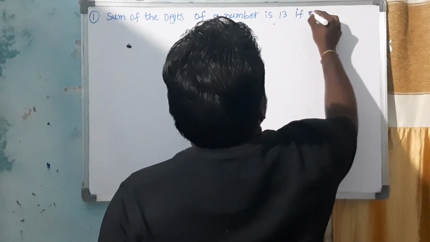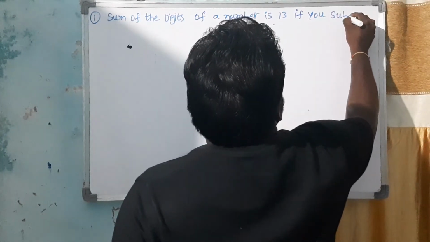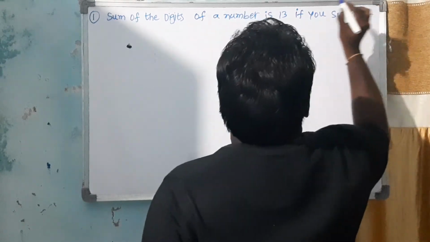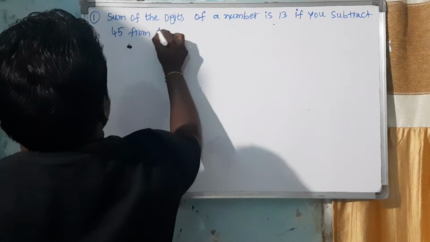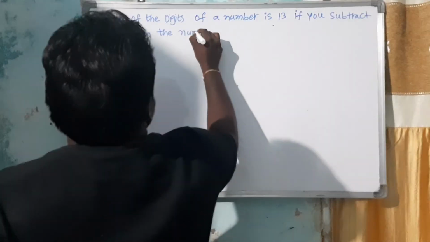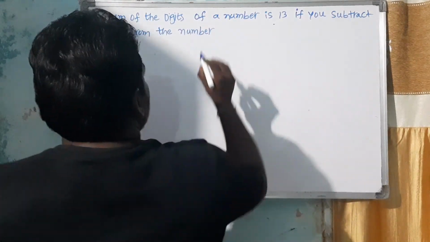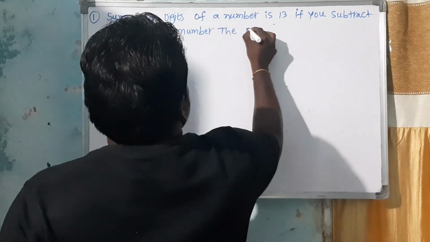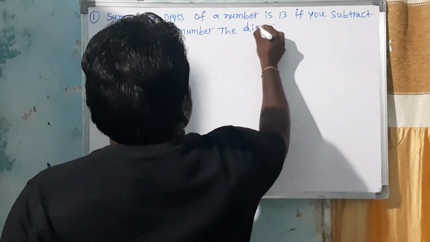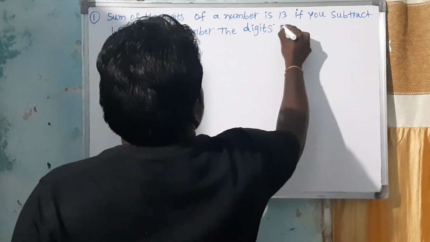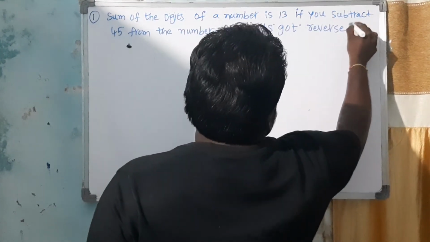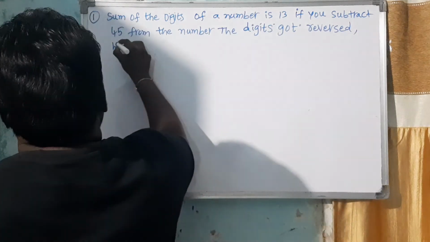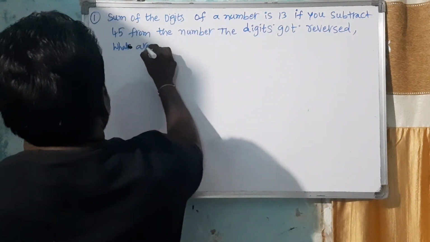If you subtract 45 from the number, the digits got reversed. Important question. The digits got reversed. Then what are those numbers? He is asking, what are those numbers?